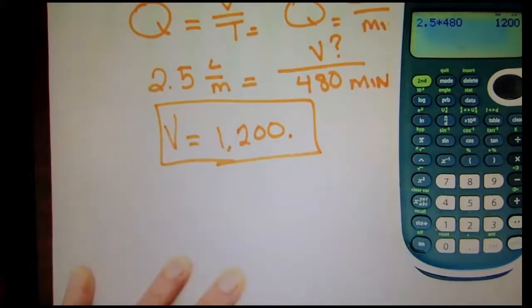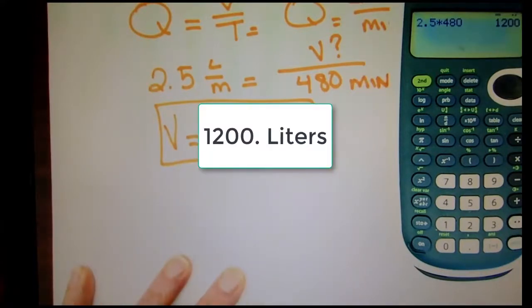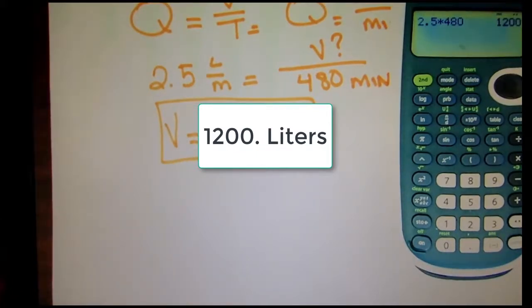We pulled 1,200 liters at 2.5 liters per minute for 480 minutes. This assumes we're not adjusting our sample volume for changes in temperature and pressure.